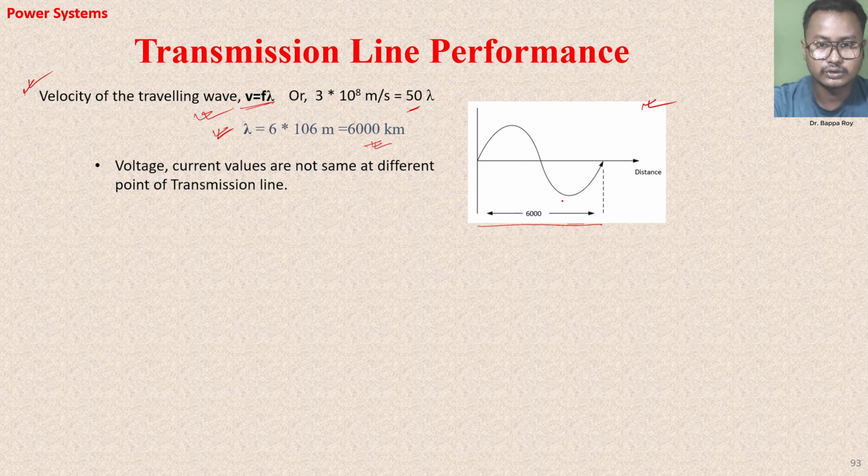If we follow this wave, we can easily see the voltage or current values are not the same at different points. Suppose here it's a different value, at this point some different, at this point zero.